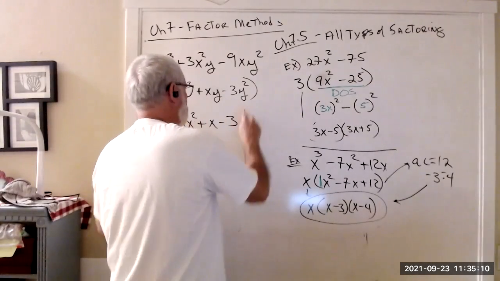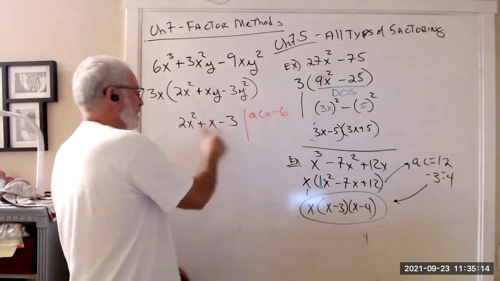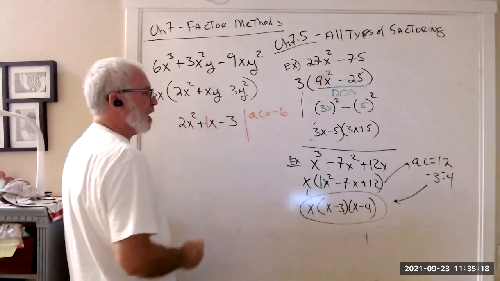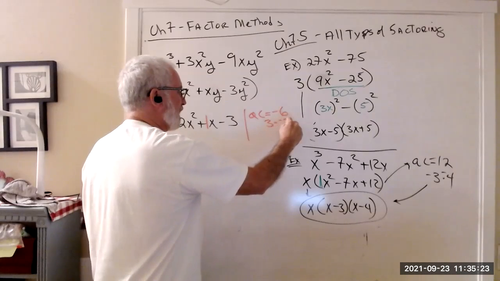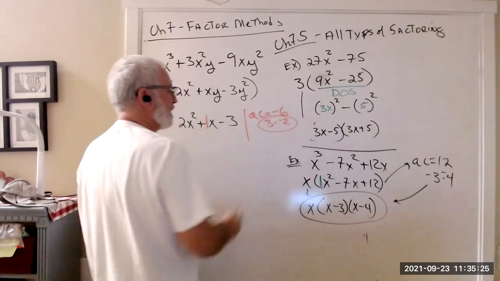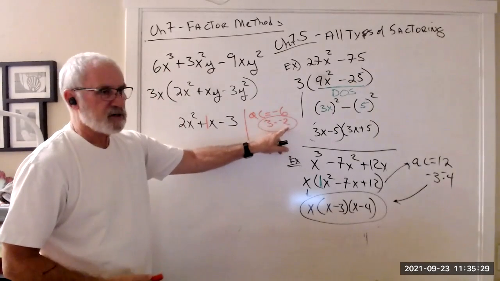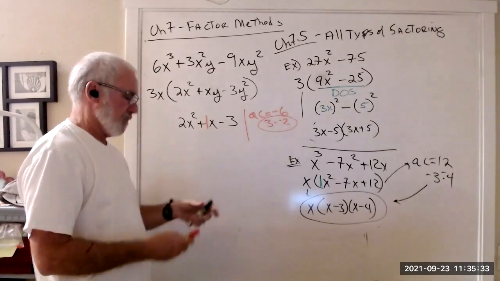AC is -6. 2 times -3 is -6. But I need them to add up to a +1. So if I said 3 times -2, 3 times 2 is 6. So 3 times -2 is -6. And 3 added with -2 is 1.